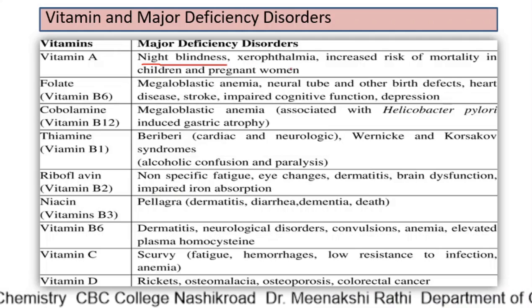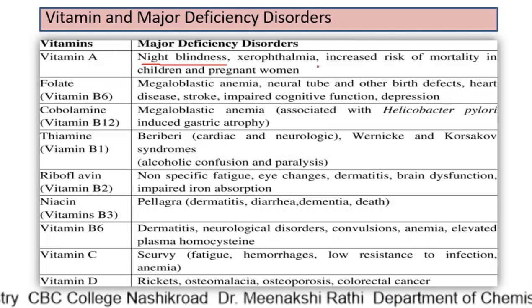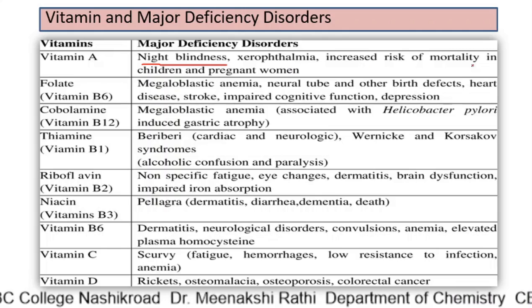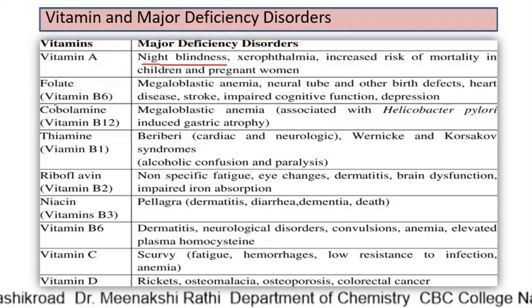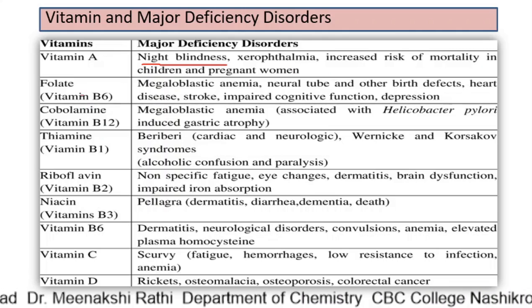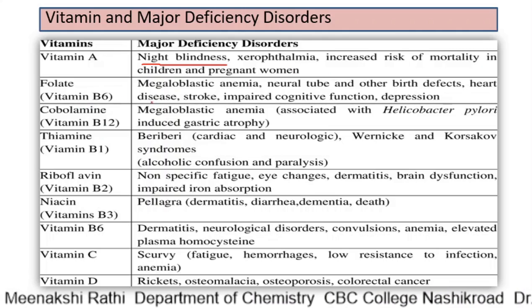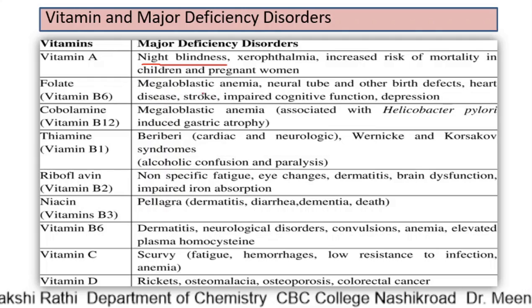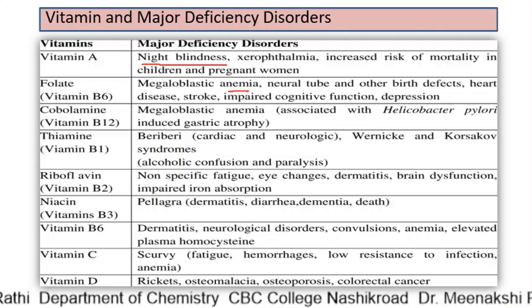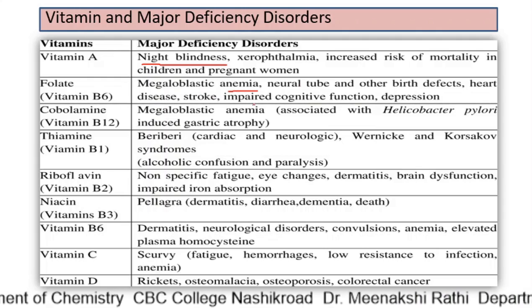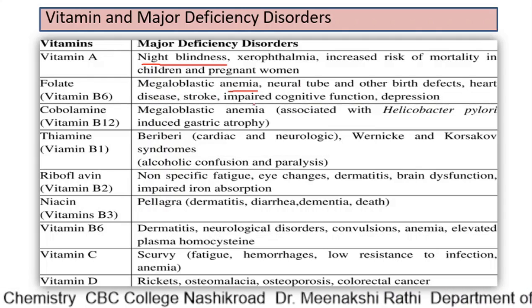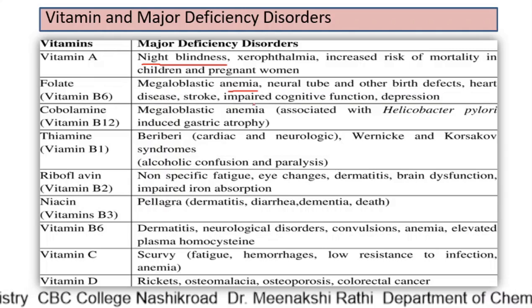Then xerophthalmia, increased risk of mortality in children and pregnant women. Vitamin B9, which is also called folate, is majorly related to anemia, then neural tube and other birth defects, heart diseases, stroke, etc.